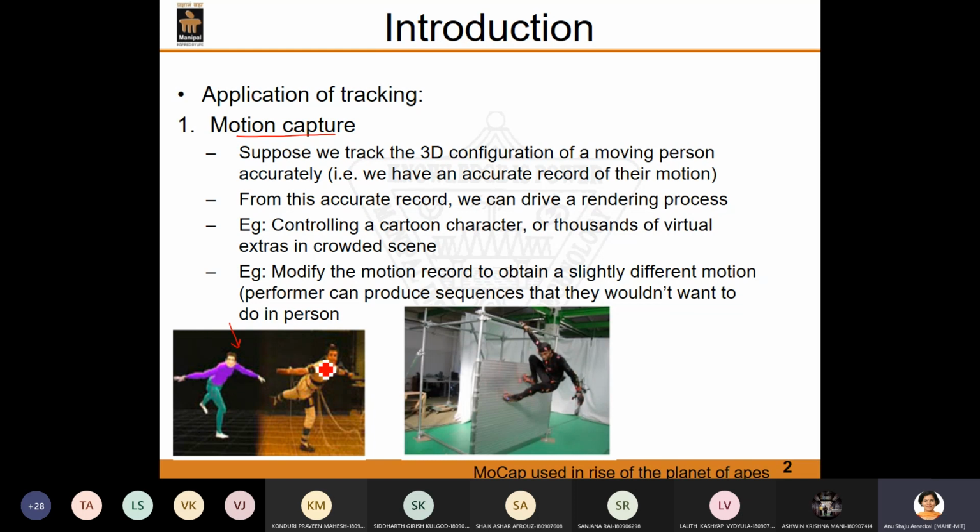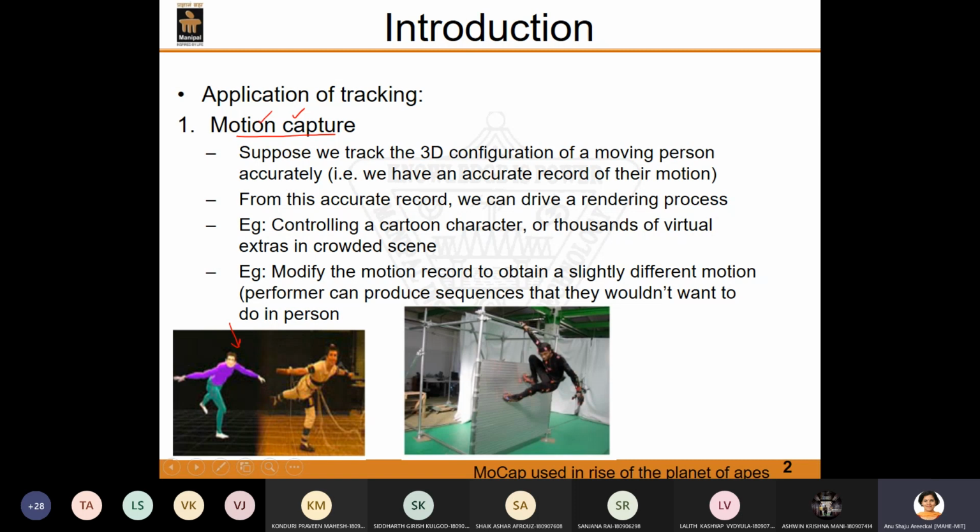So this is one important application of object tracking, where it is trying to capture the motion and then render it back to the animated character which is there in the movie.